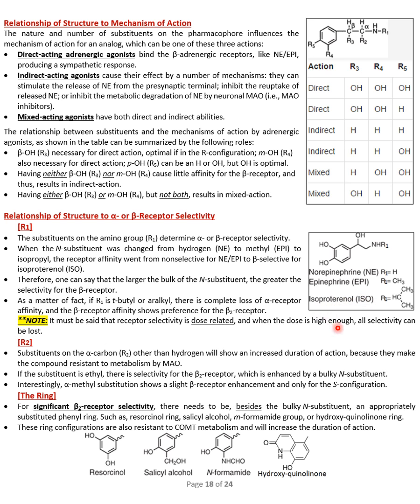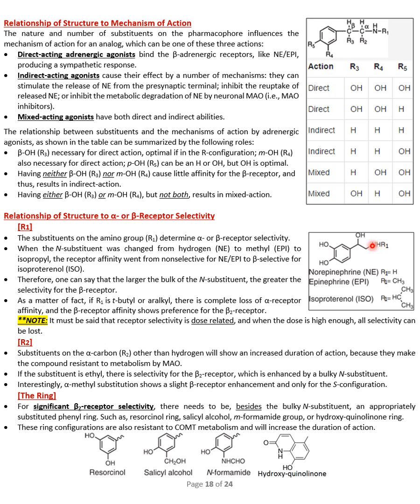Now, as far as the substituents on R2, R2, as you see here, is on the C alpha, which is this carbon here. So as far as substitutions on this C alpha, also known as the R2 substituents, it was found that adding substituents to this position, such as an ethyl group in particular, would actually prevent the drug from being metabolized by the MAO.